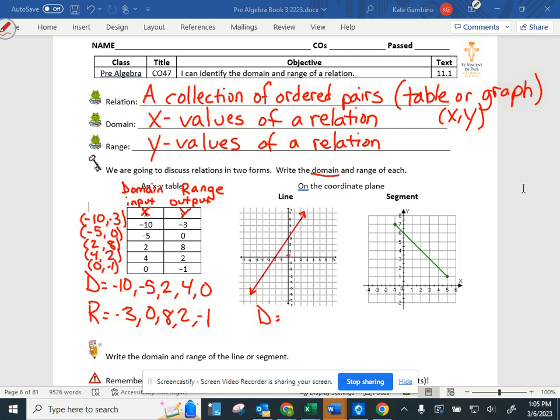We know that the middle of our graph is 0. These are all positive numbers going this way. These are all negative numbers going this way. So that means it could be any number would be on that line, right? So we call it all real numbers.